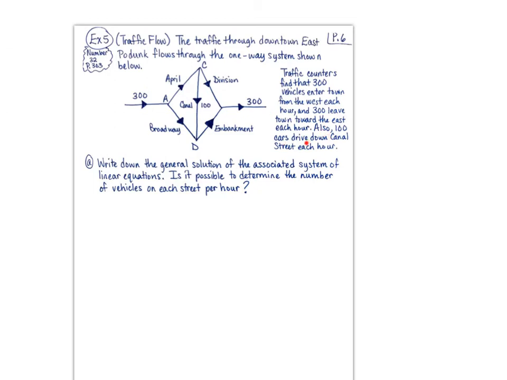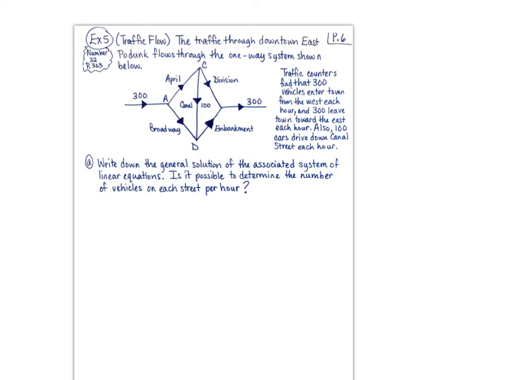Also, 100 cars travel down Canal Street each hour. Notice that here is the flow. We're going to write down the general solution of the associated system of linear equations, and answer the question: is it possible to determine the number of vehicles on each street per hour?